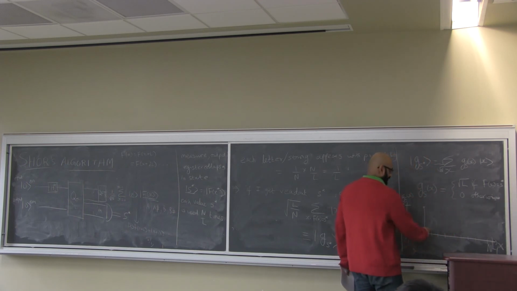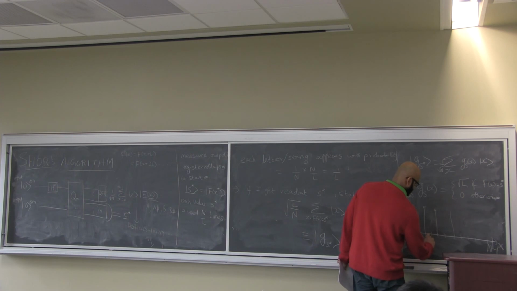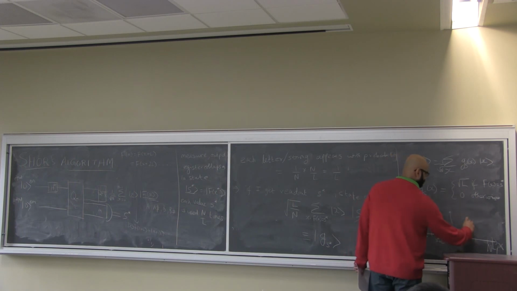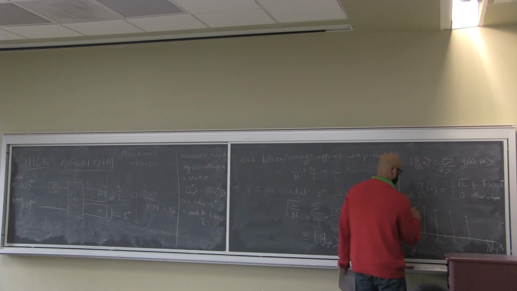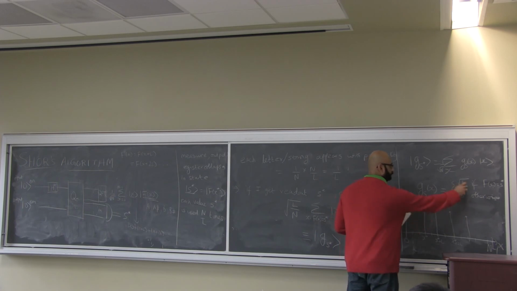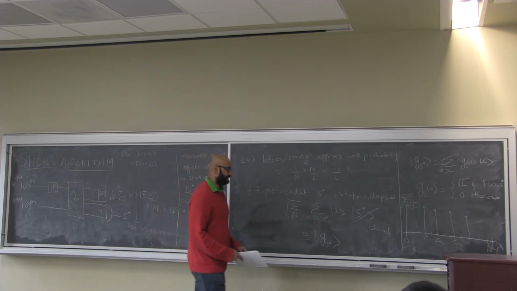And every time f of x equals s star, I get a peak in this function. And of course, that's going to happen every time for this value x, for example, if this was x star, then x star plus L, x star plus 2L, etc. Each of these will be represented with the value square root of L, according to this function, because that's exactly what this state ket defines.